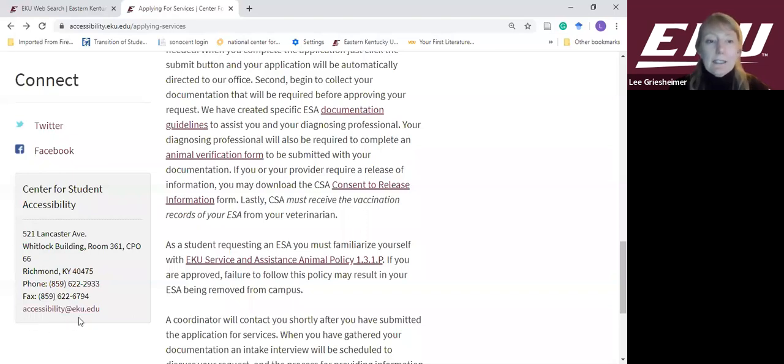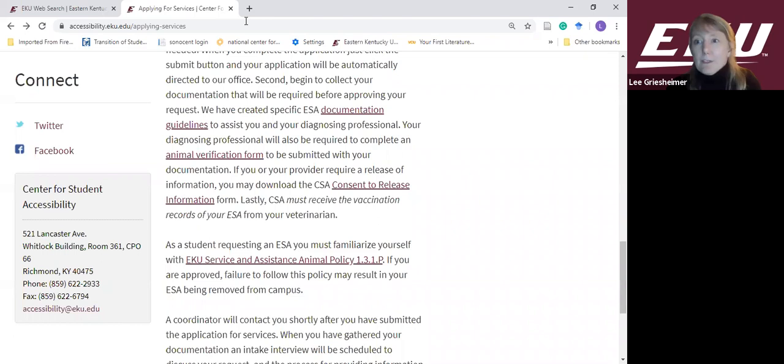It's accessibility@eku.edu. We will get it, and we can let you know if the documentation is appropriate to receive services or if we need more. Generally, if we need more, we will provide some provisional accommodations until we get the supplemental things that we need.